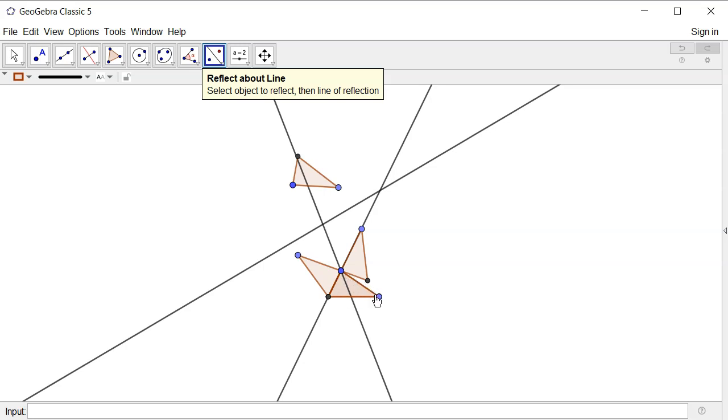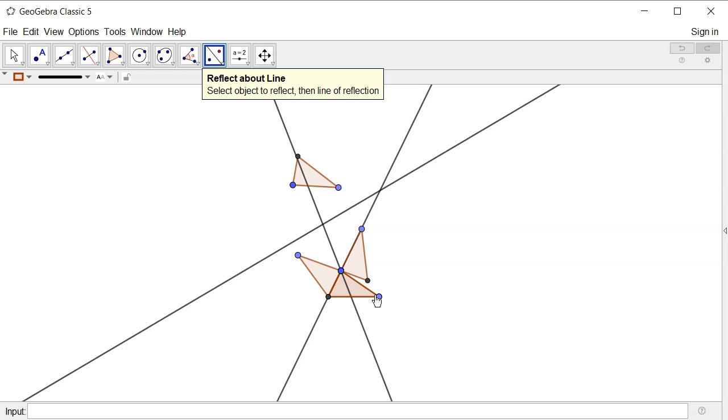Because we can match at least one pair of corresponding vertices with one reflection, sometimes you get lucky and you match two of them with one reflection, but at least one pair. And since there are only 3 points, it's going to require at most 3 reflections.